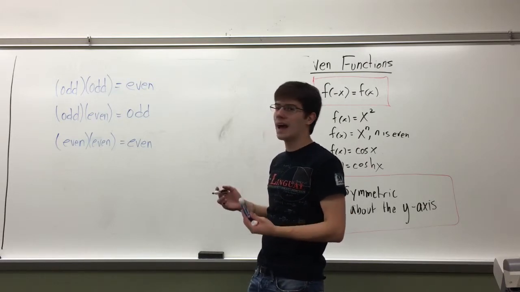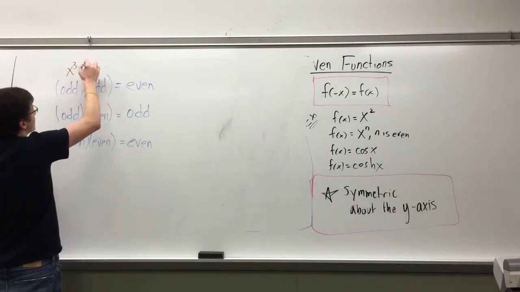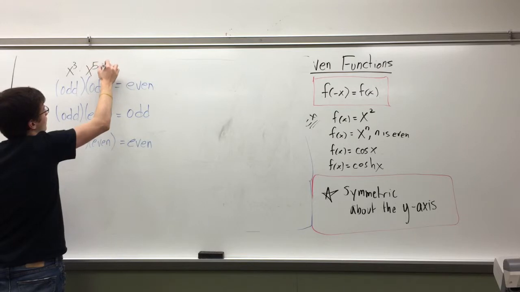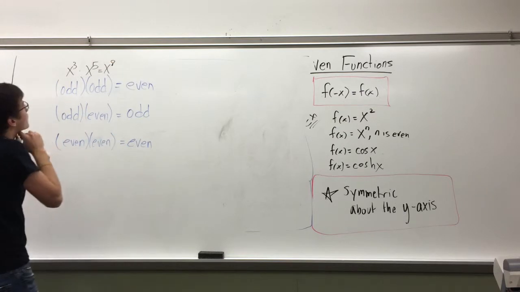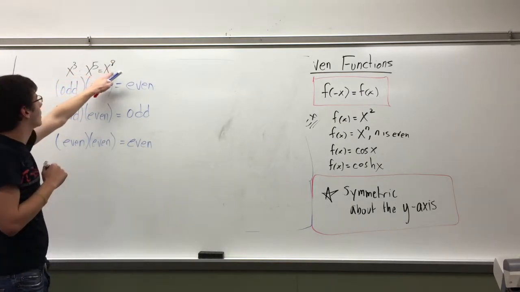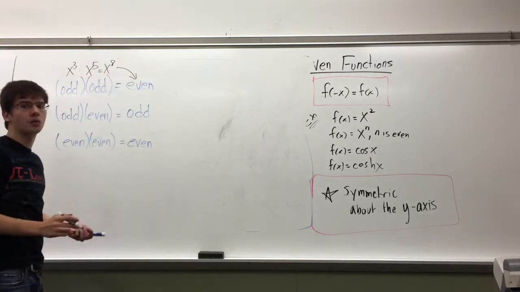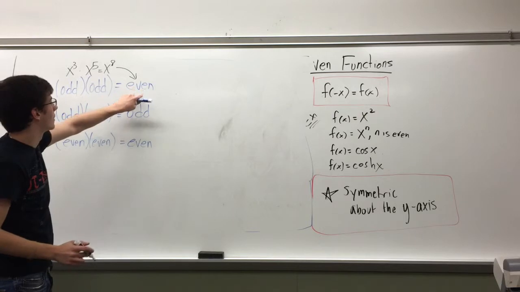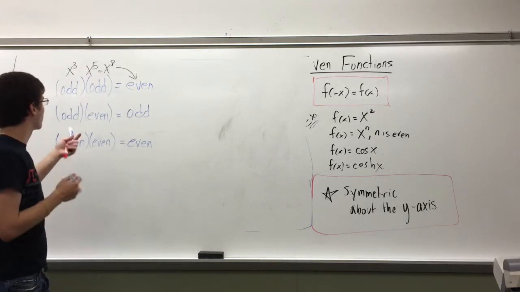If you think about x cubed times x to the 5th, that is x to the 8th, we see that a product of an odd function and an odd function is an even function. So there you go. You don't need to memorize the results. You can just think of functions in your head and multiply them out.